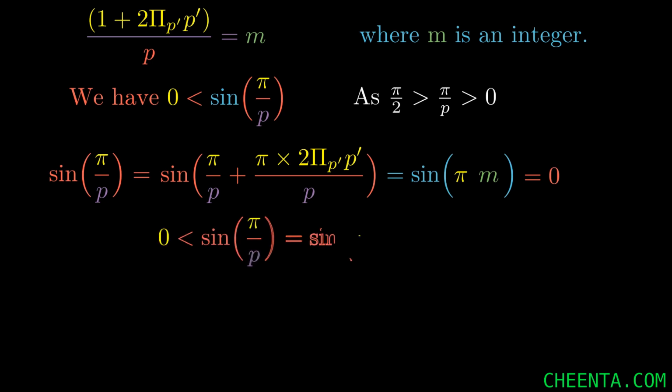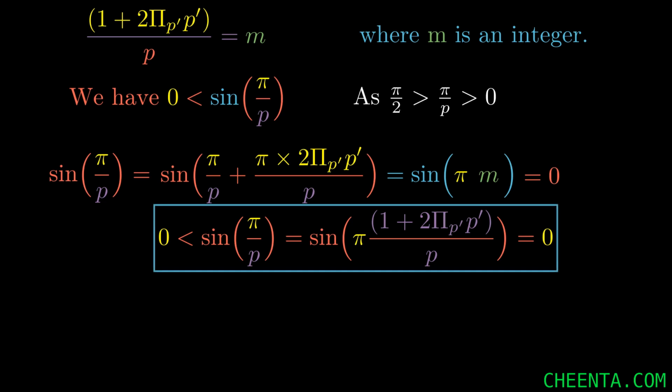This equation shows that a quantity is simultaneously greater than 0 and also equal to 0, but that is not possible. So this expression is self-contradicting, and so our assumption that the set of all prime numbers is finite is wrong, and so there are infinitely many primes.